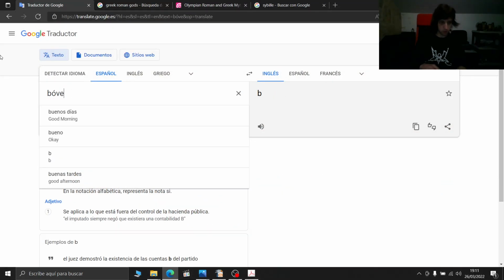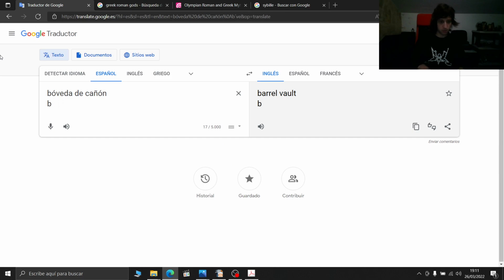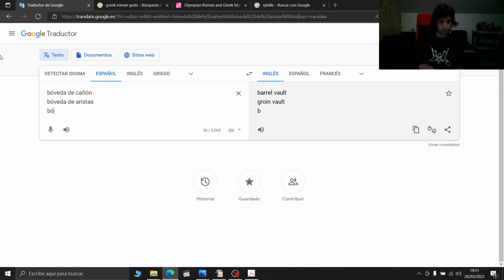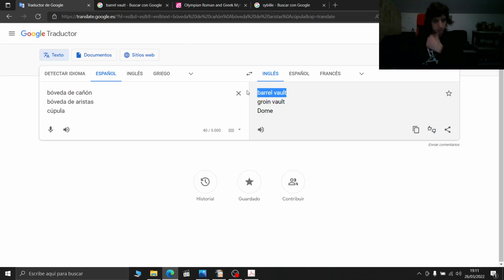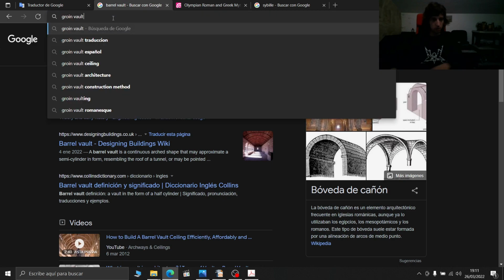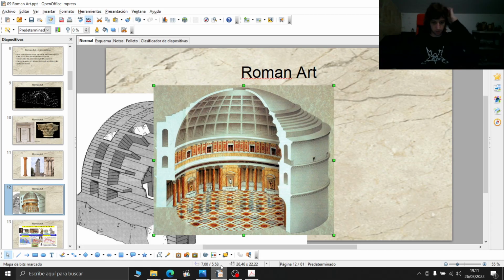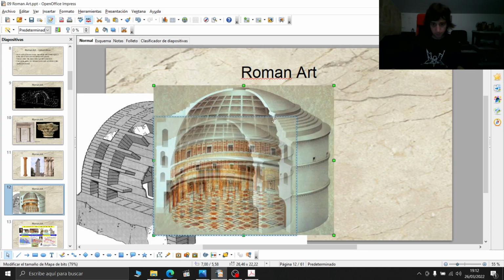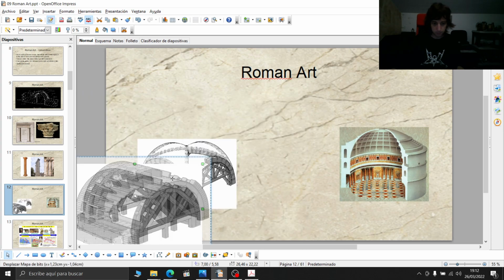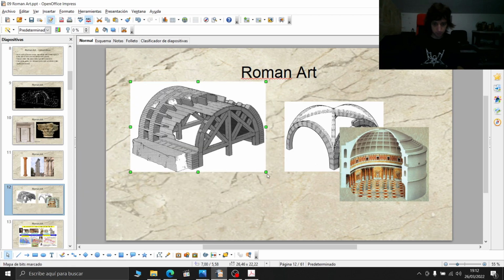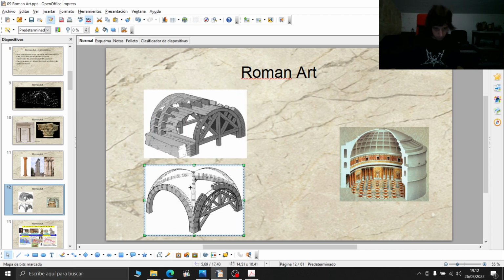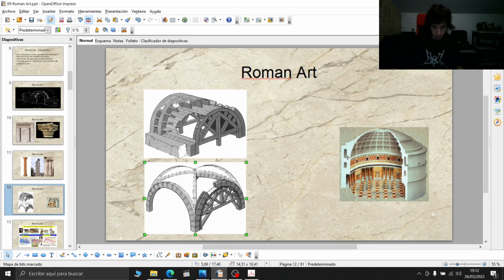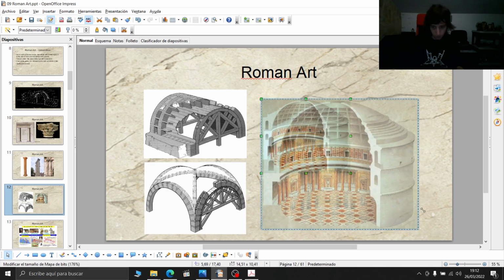I'm going to translate. Barrel, not very sure if this is called like this. Okay, yes. Barrel vault. Groin vault. Okay. These are the very basic shapes, so I'm just going to add this.